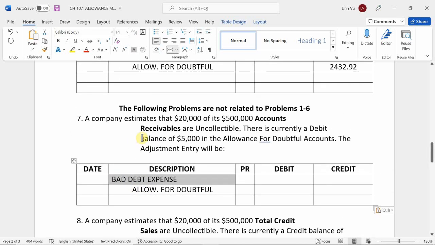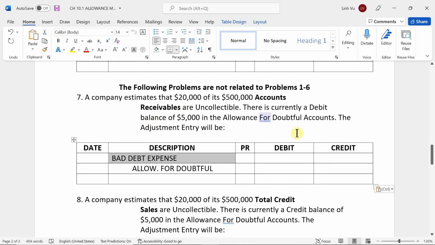Now, what is the amount going to be? We minus the 5,000 from 20,000. Why minus? Because this is how much we have in the balance, debit balance. Well, you have a debit balance this time.